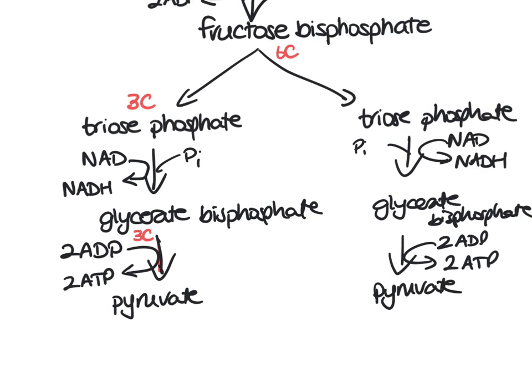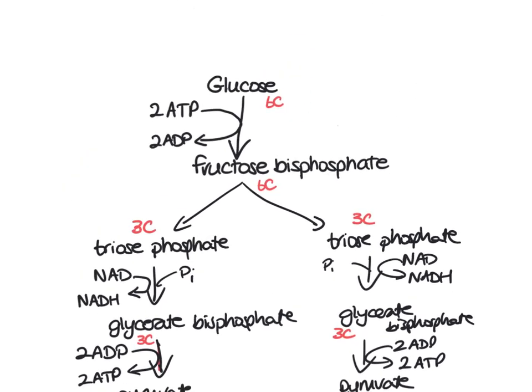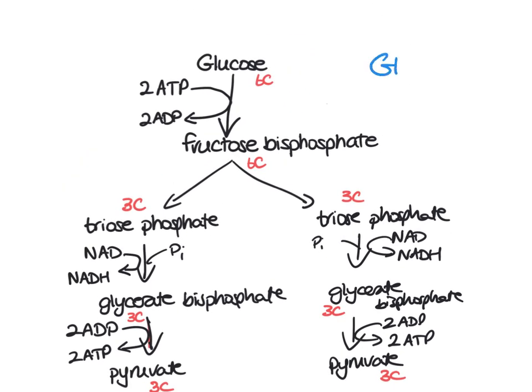Okay, so what do we call that whole thing? What is that whole process from glucose down to pyruvate? Glycolysis. And where does it happen? Okay, so this is glycolysis, and it happens in the cytoplasm.